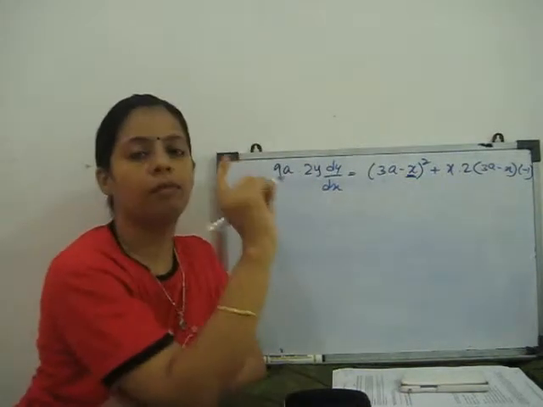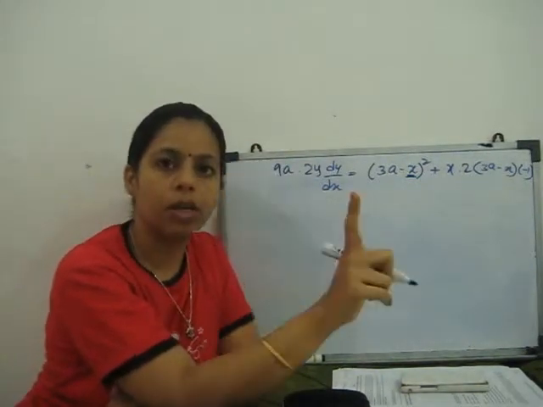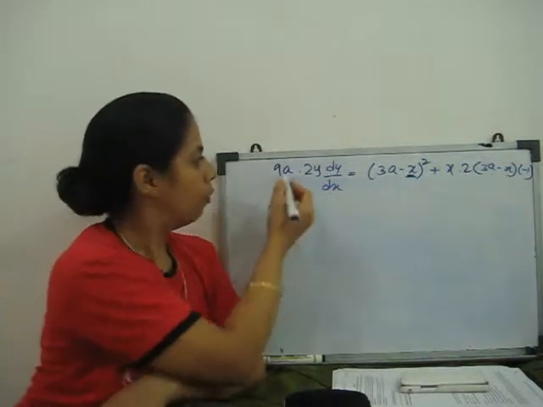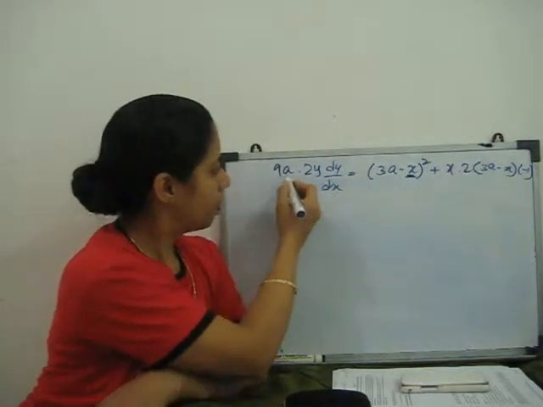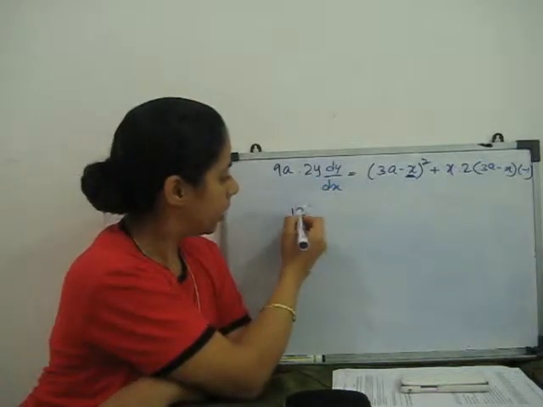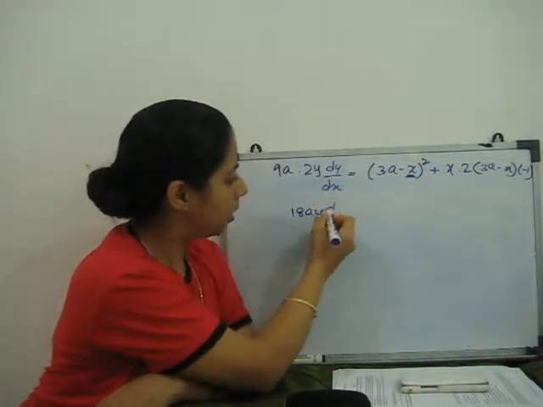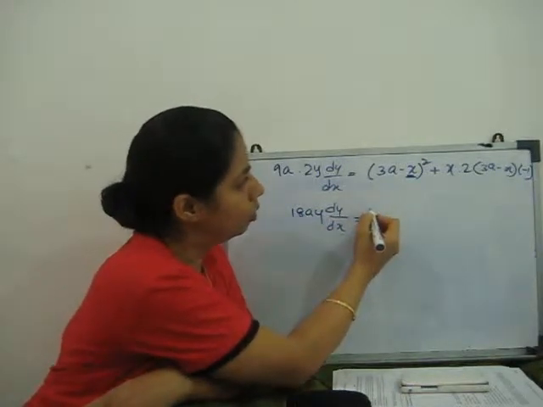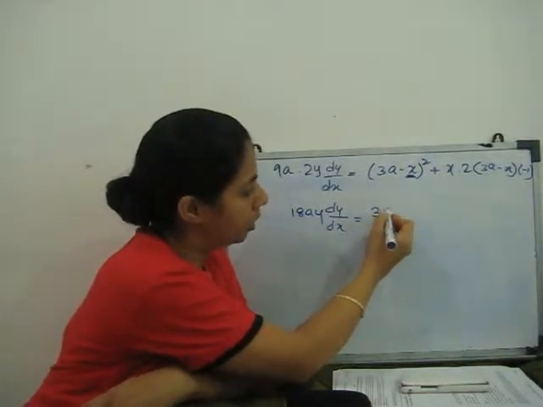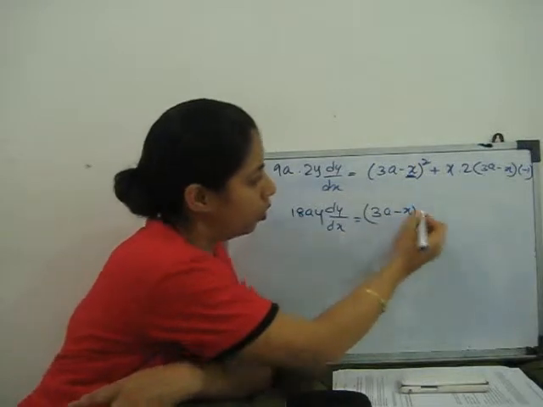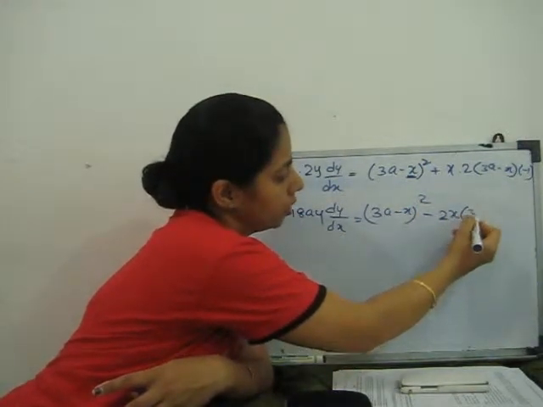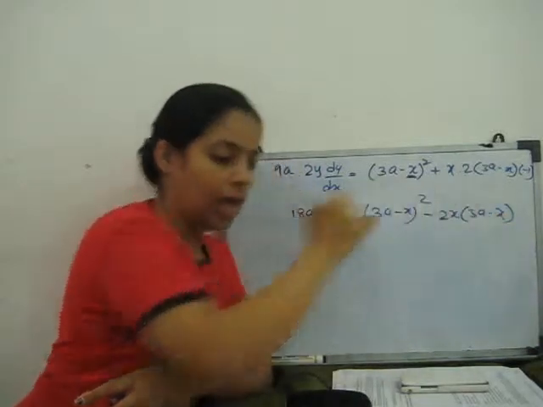Clear? This is our whole equation of the given curve. We differentiate with respect to x. So this gives 18a y dy by dx is equal to (3a minus x) whole square minus 2x (3a minus x). Is this clear?